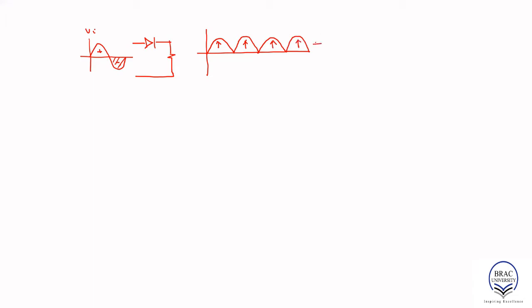So that is our full wave rectification, which means both the positive half cycle and the negative half cycle are in the same direction. In this unit, we're going to learn how we can obtain a signal like this.